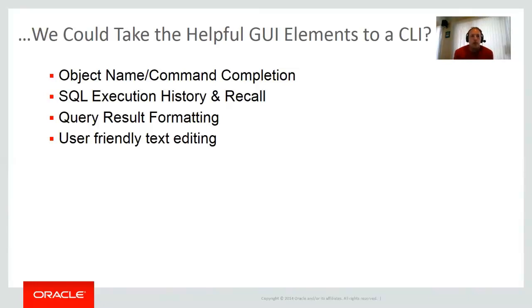Folks really, really like the history feature in SQL Developer. Now, you may have noticed SQL Plus actually added query recall in 12c R2. I'll show you what you can do in SQLcl in any version of the database and how our history differs from theirs, and you can make a decision which one you like more. Folks really like the ability in SQL Developer to get their query results out in different output formats.